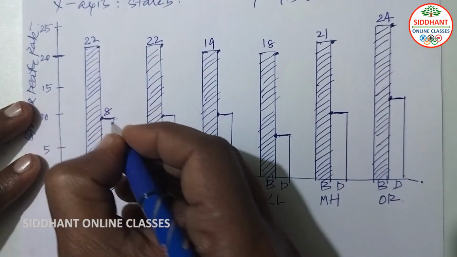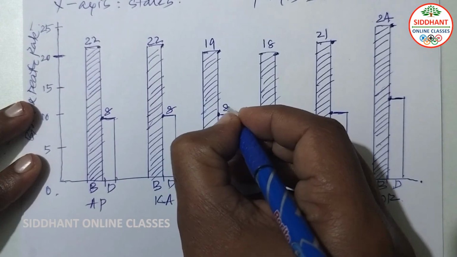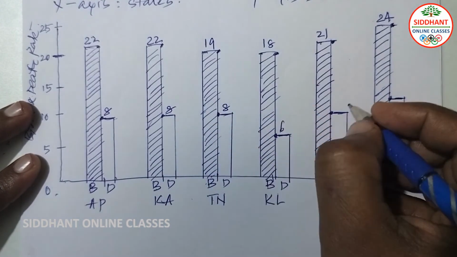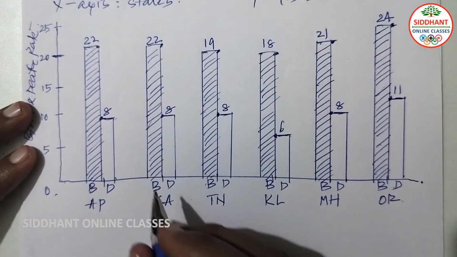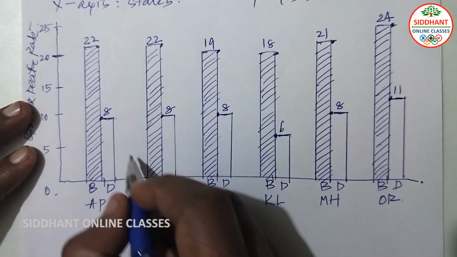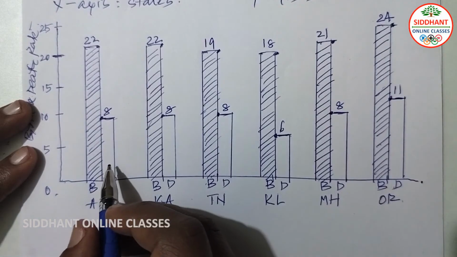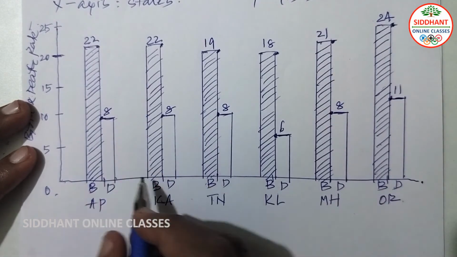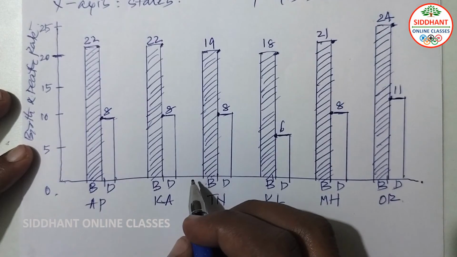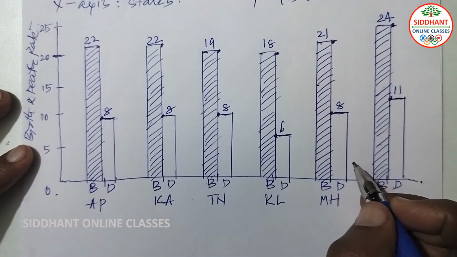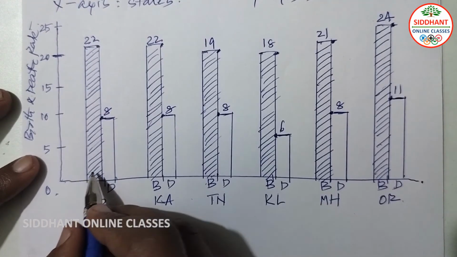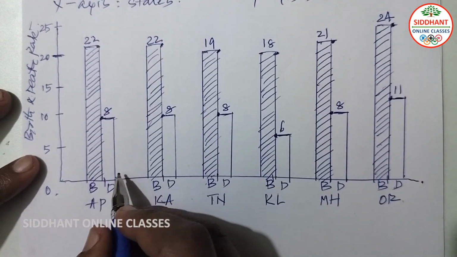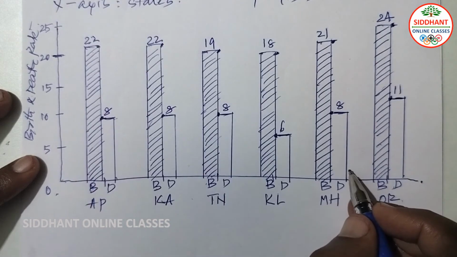Now death rates 8, 8, 8, here 6, here 8, here 11. So in this way, when you write, we can easily find out the number here. So this is the bar diagram, a double bar graph, which has the birth rate and death rate. Both we can read simultaneously in this double bar graph.